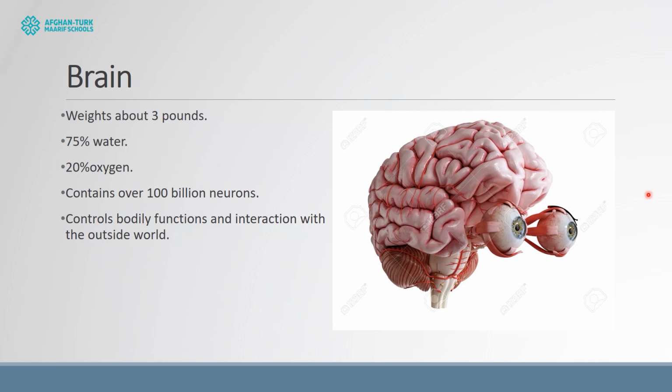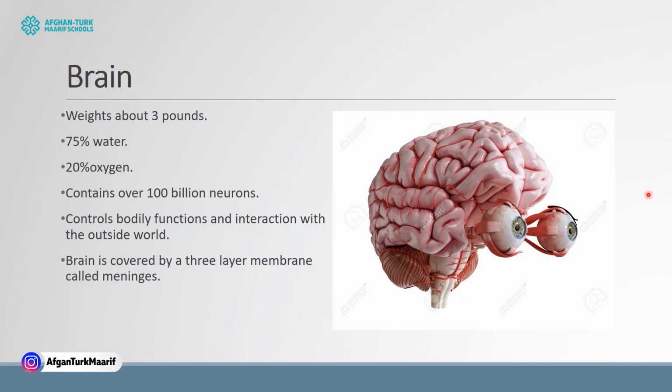It means our brain is made of too many neurons, and it controls every single action inside our body and those actions happening outside our body, in our environment, which are somehow connected with our bodies. The brain is covered with a thin membrane layer called the meninges.